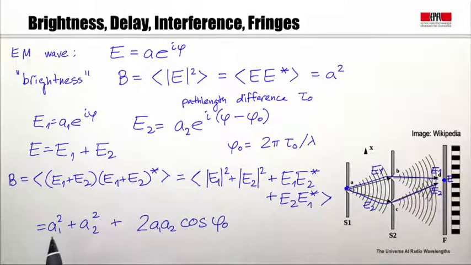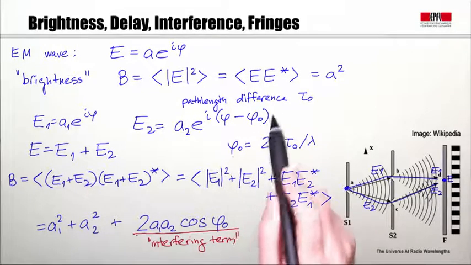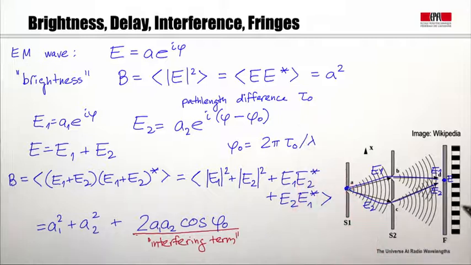Also notice that these two things are constant pretty much. Doesn't matter where you are on the screen, the amplitudes are not going to change. But this, what is called the interfering term, depends on phi naught, which is the phase difference, which depends on the path length difference, tau naught, and that depends on where we are on the screen.